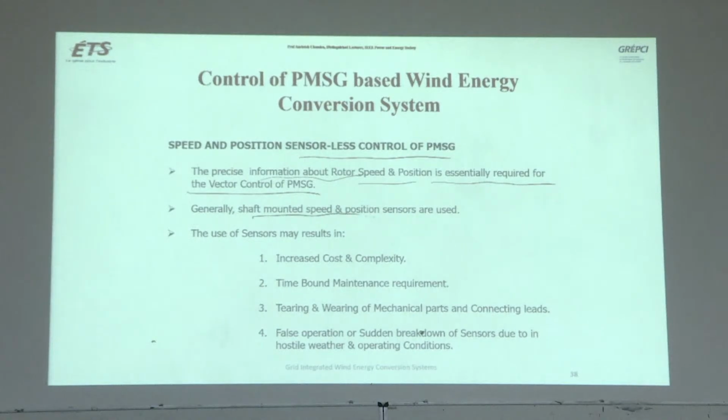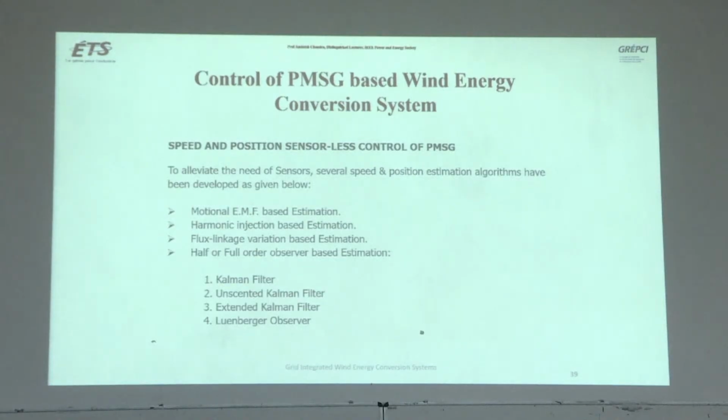Generally a shaft mounted speed and position sensor is used, as you might have done in your laboratory. Use of sensors may result in increased cost and complexity, time-bound maintenance, tearing and wearing of mechanical parts and connected leads, false operation or sudden breakdown. So these are the problems if we are using mechanical sensors for position and speed.